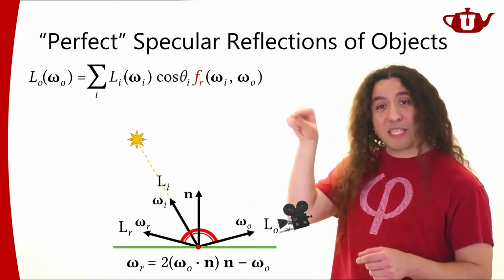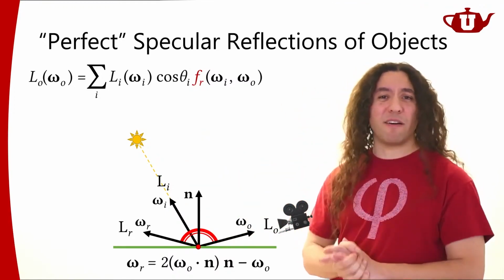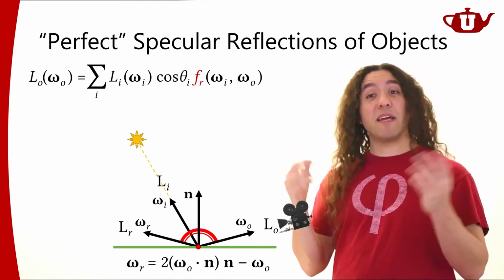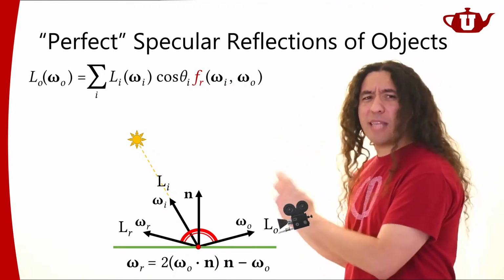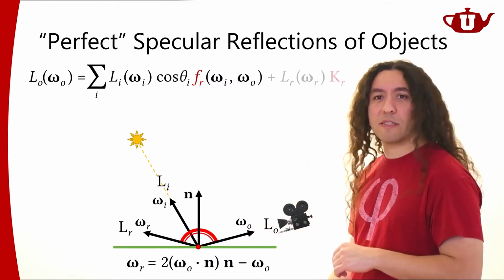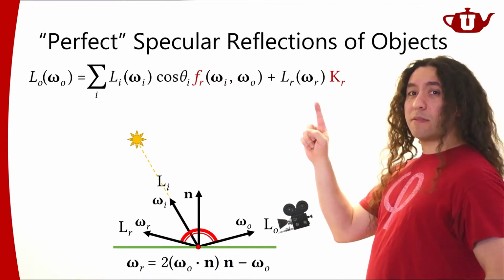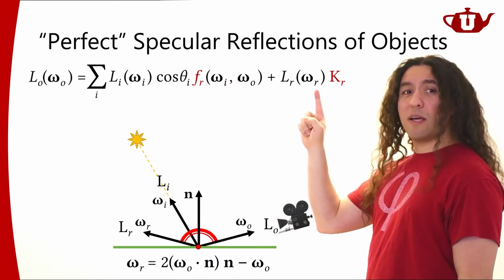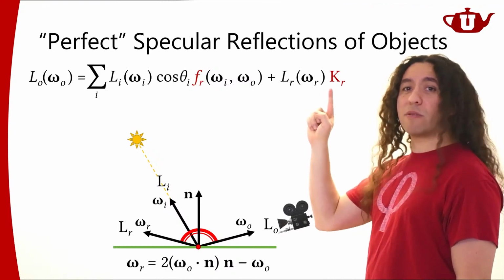So my specular exponent, if you think about this as a foam material, is going to be infinity. So it all simplifies down to something very simple. It becomes this: incoming light from the reflection direction, just multiplied by some material property.